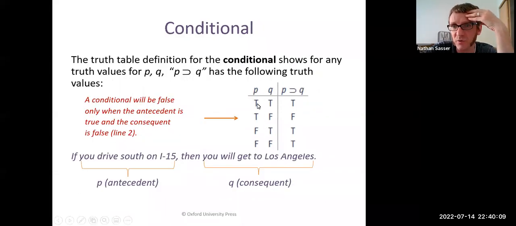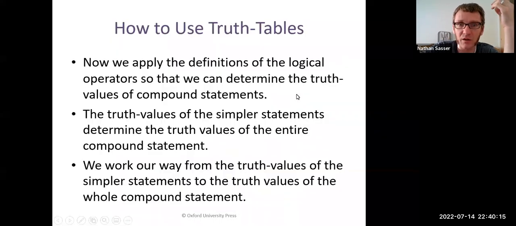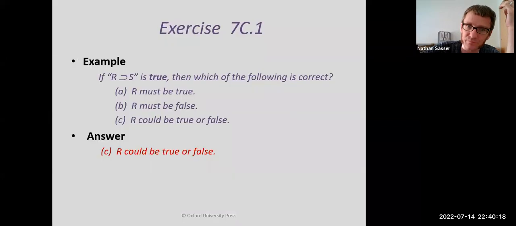Well, yeah. Look at this one. The antecedent is true and the conditional is true. So this one's not right. But here's the right answer. R could be true or false with a conditional statement.